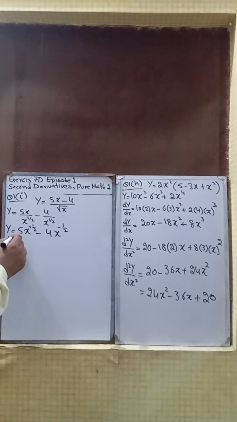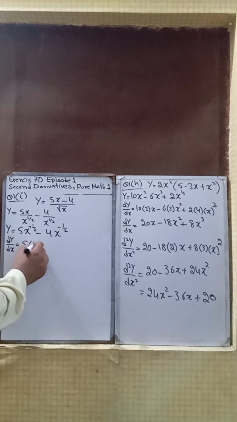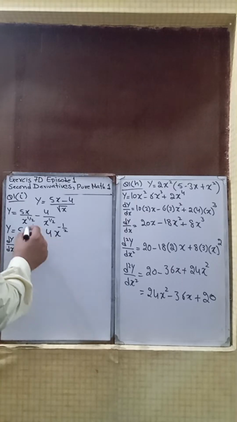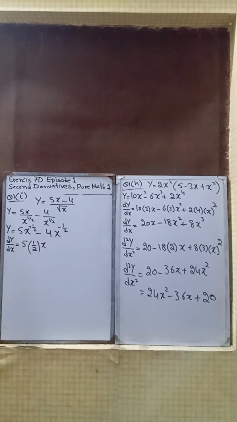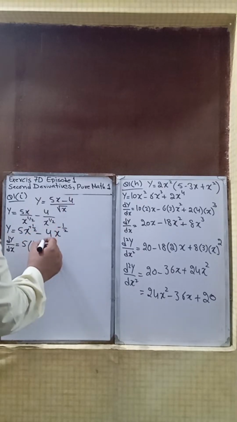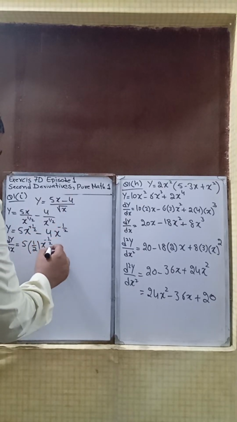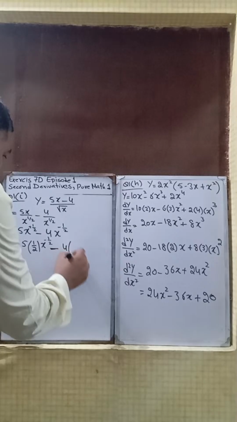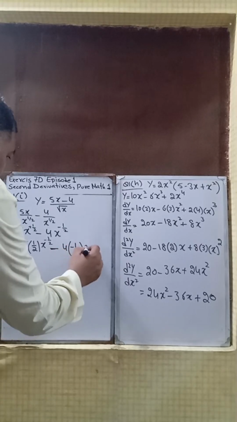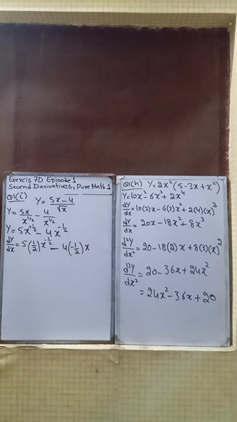So dy by dx equals 5, the power comes on the side, x raised to power 1 by 2 minus 1. You can do it on the calculator, it will be minus 1 by 2. Then we have minus 4 into minus 1 by 2, and x raised to power minus 1 by 2 minus 1, because you have to decrease the power by 1.